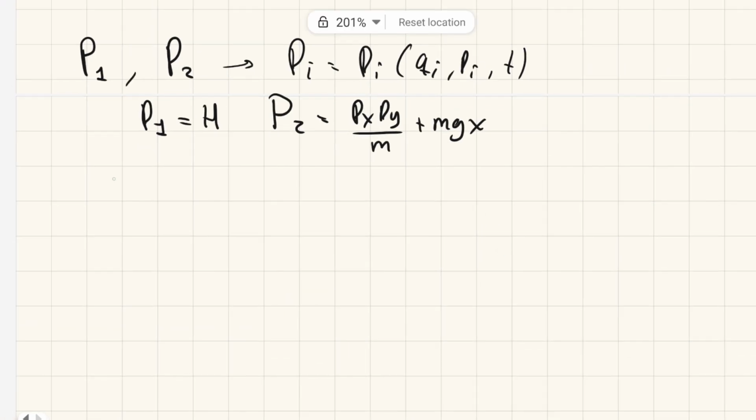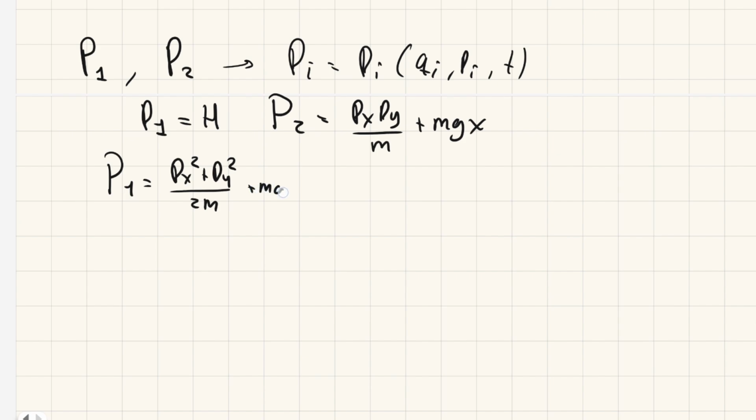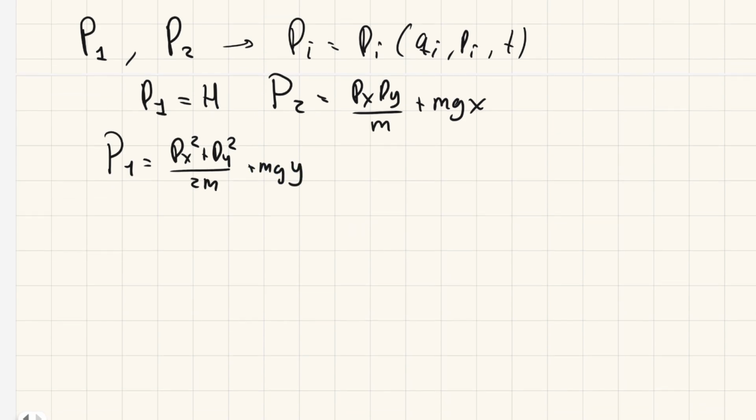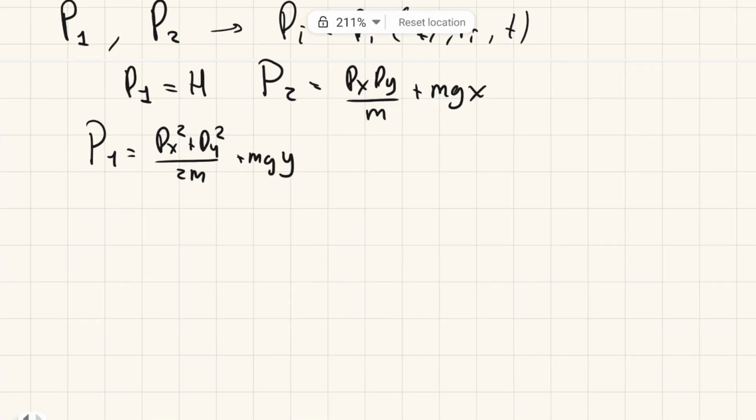Okay. Perfect. So let me write this P1 as px squared plus py squared divided by 2m plus mgy, because we are going to work with these expressions. Look what we are going to do. We are going to construct some mathematical structure that will allow us to use Liouville's theorem, okay?